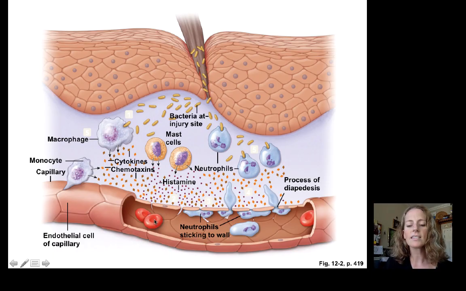That is all caused by the increase in blood flow, which brings more white blood cells in, and the increase in capillary permeability, which allows the white blood cells to push through the capillaries. That increased blood flow can cause redness at the injury site. That increased permeability can cause swelling at the injury site. A result of the increased blood flow is also heat. A result of the swelling is also pain.